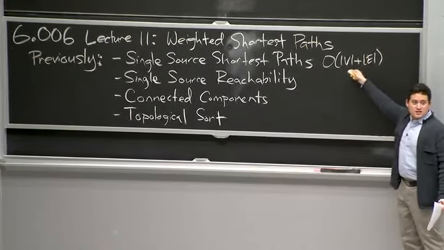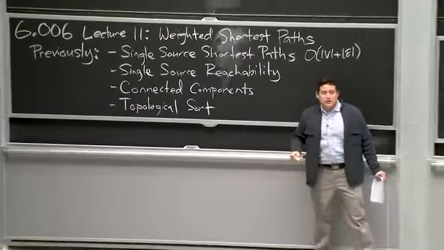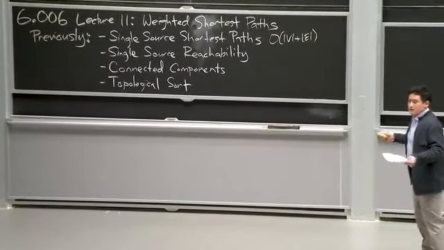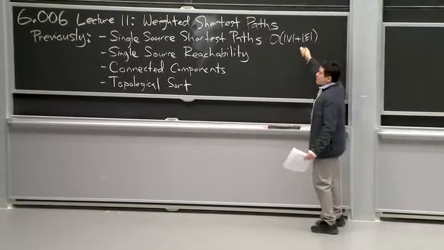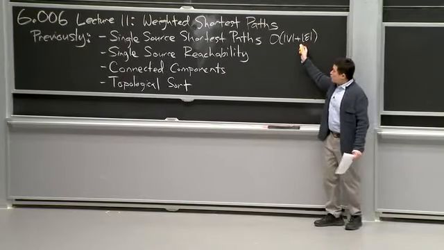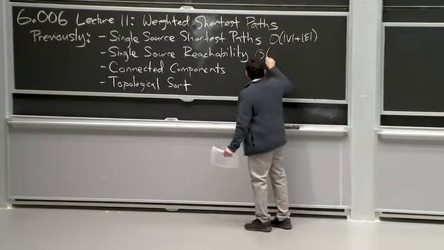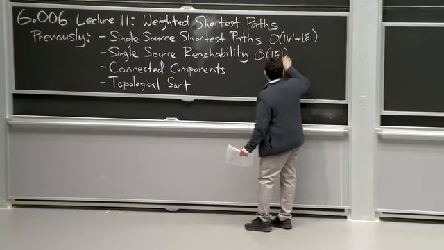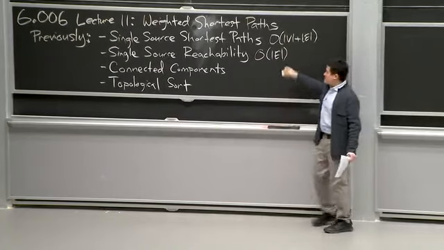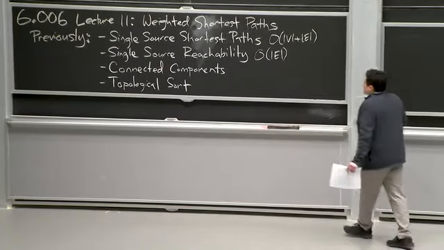So this is the bound we got, but in the special case of single source reachability, when our output only has to list the vertices that are reachable from me, the number of things reachable, basically a spanning tree of the connected component of my source, can almost be of order E. And so for all the little singleton vertices in my graph, I don't really care. So I can get this in order E, but that's kind of a little optimization.